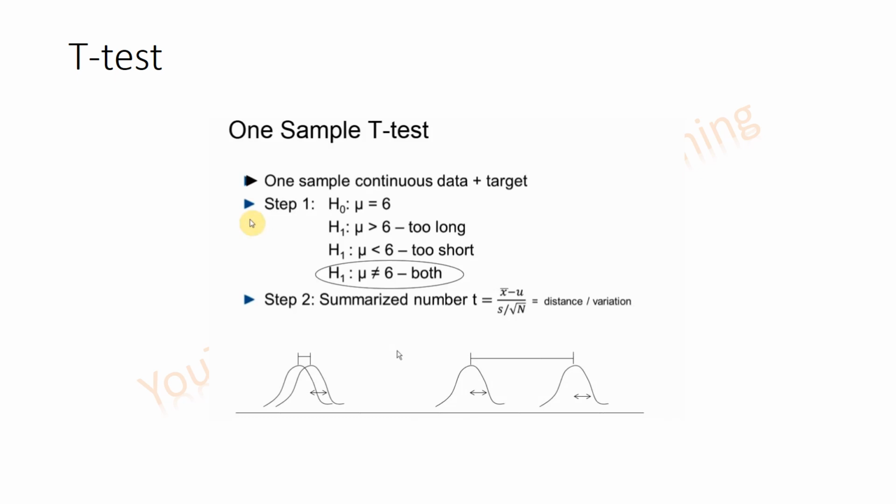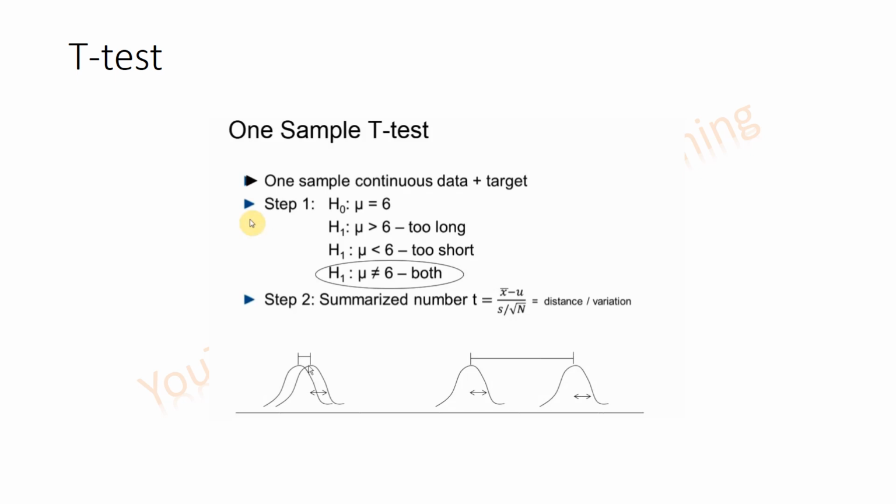So what does it mean? Look at these two curves. I have two curves here, right? I try to compare which is high, which is low. You'll probably say they are too close to each other. They overlap a lot, and I can't tell which is high and which is lower. Why? Because if you look at distance over variation, this part is the distance between the two curves.